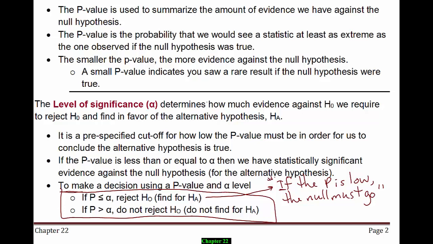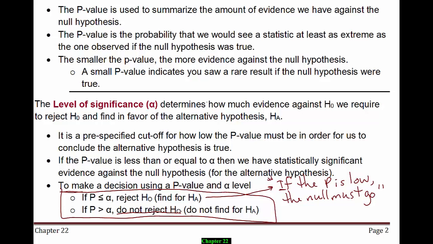Now, you might have thought that the wording was really kind of funny and awkward on the other decision. If your P is bigger than your alpha, you're going to say that you do not reject the null hypothesis and you do not find enough evidence for the alternative. Why don't we just say we think the null hypothesis is true? Well, we avoid that wording the same way that we avoid that wording in the legal system.